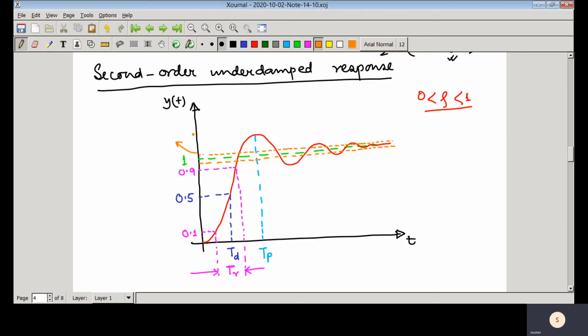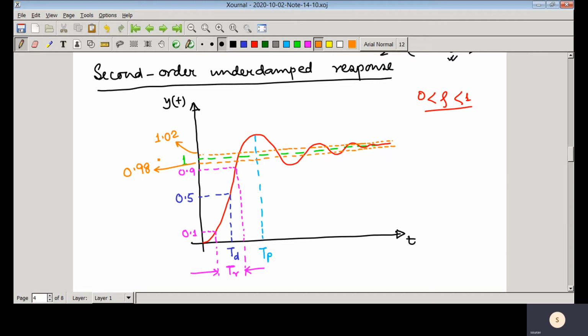So this value is 1.02 and this value is 0.98. That means we consider a plus minus 2% band with respect to the final steady state value.